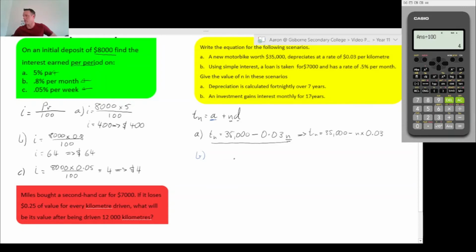We know the interest, but we don't know d. So we've got to go back and look at what we did in our green questions over there and say, right, our interest is equal to d. The difference is P, which is $7,000, times 0.5 divided by 100.